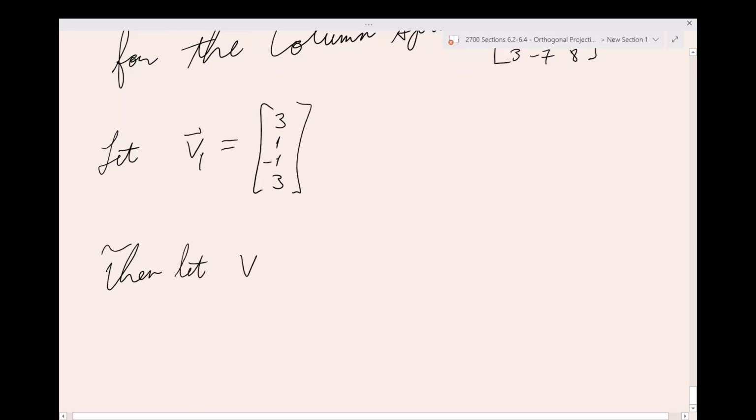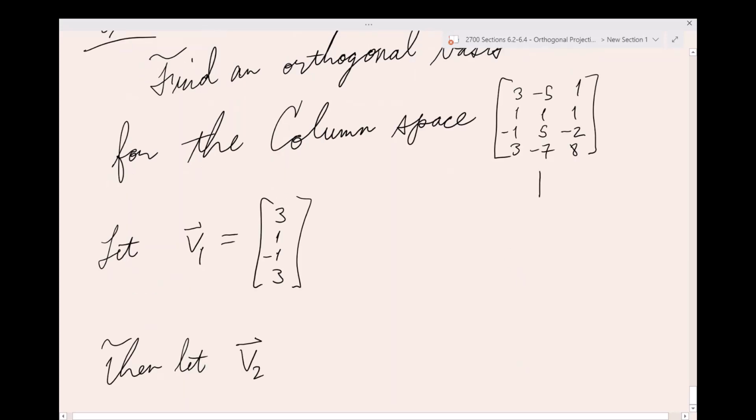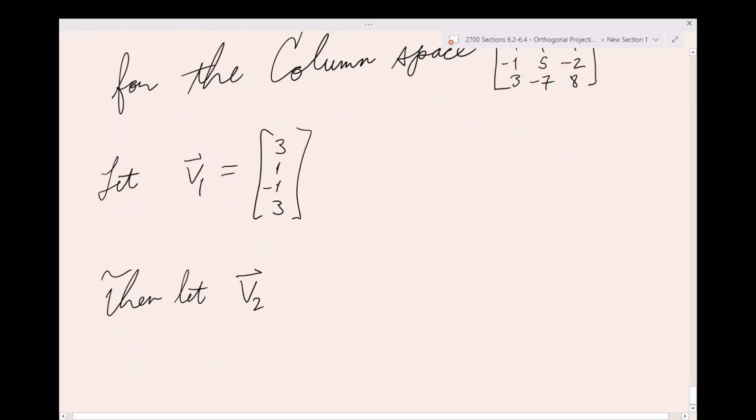I would let my second new vector be the component of my old second vector that's orthogonal to the subspace spanned by the first one, that's orthogonal to the line. So I would take my old second vector and then subtract off its projection onto the previous stuff.